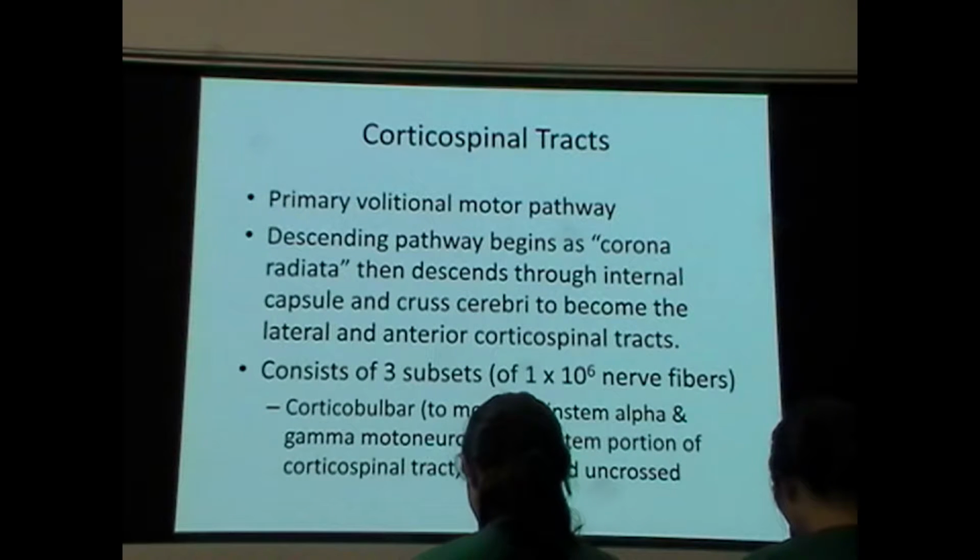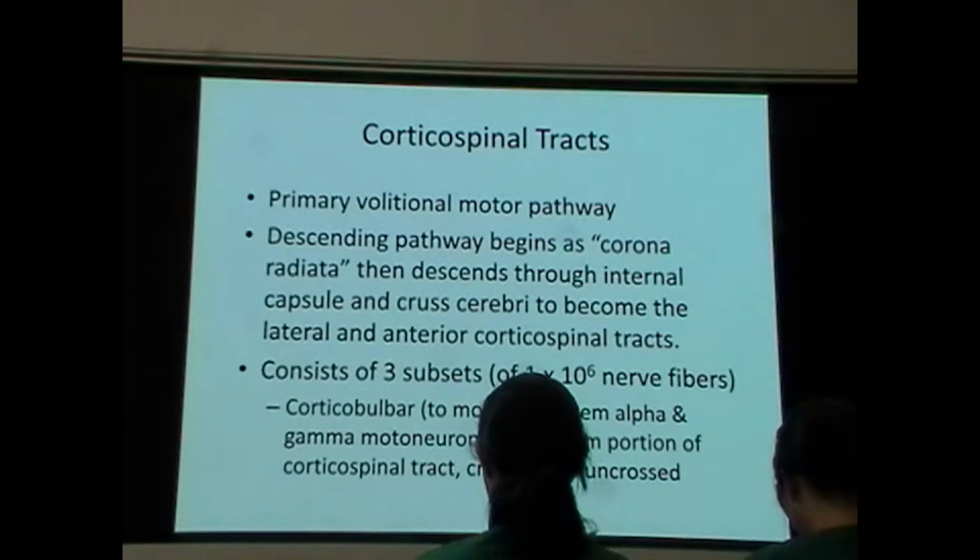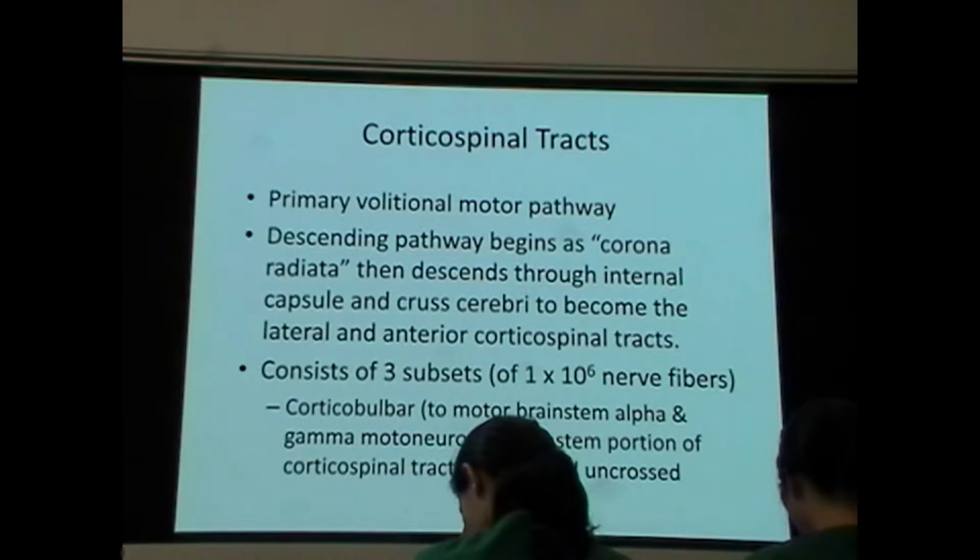So for example, to the trigeminal motor nucleus, to the facial motor nucleus, to the oculomotor nucleus, to the abducent nucleus, to the trochlear nucleus. These are all motor nuclei that have an effect on skeletal muscles. And also to motor nuclei associated with nerves such as cranial nerve 9 and cranial nerve 10.